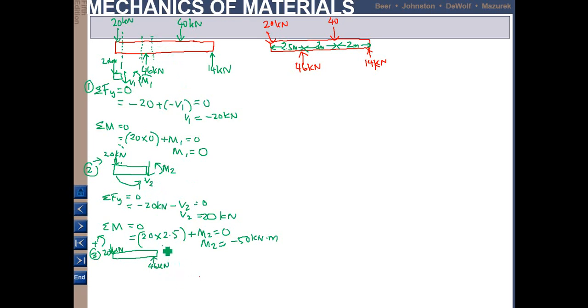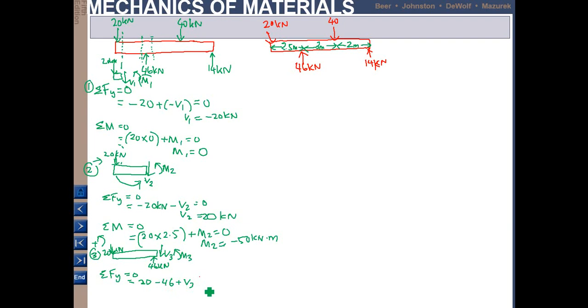Okay, and then the sectioning occurs here, which is V3, and then moment 3. So the summation of all forces in the y direction should equal 0. So this is equal to 20 kilonewton minus 46, and then plus V3.